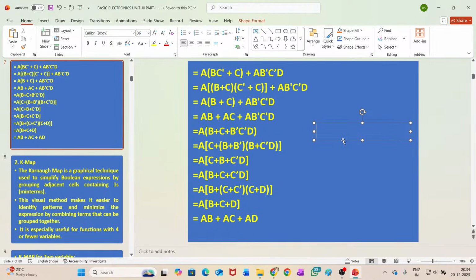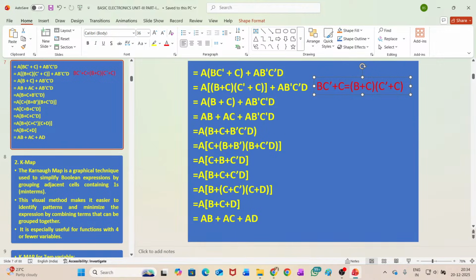According to one of the Boolean algebraic rules, it can be written as B plus C into C bar plus C. Okay, this is it.